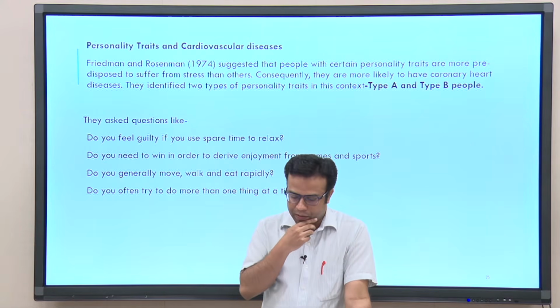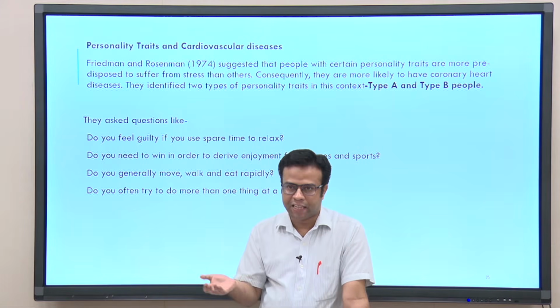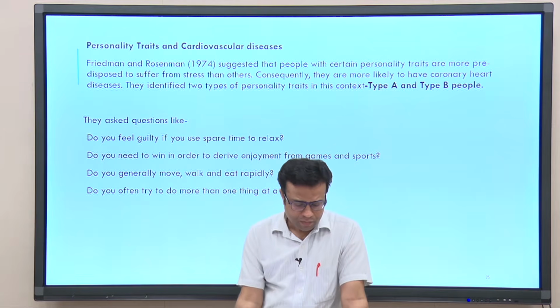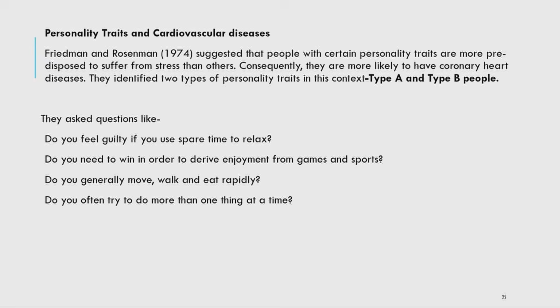They tried to identify these two types of people by asking simple questions such as: Do you feel guilty if you use spare time to relax? Do you need to win in order to derive enjoyment from games and sports? Do you generally move, walk and eat rapidly?